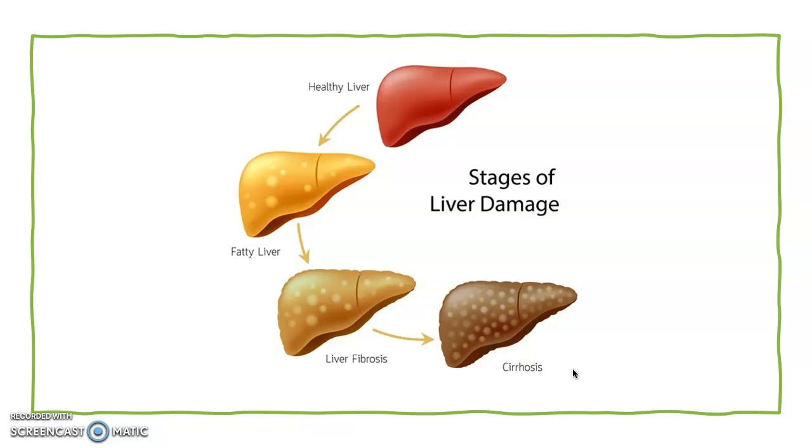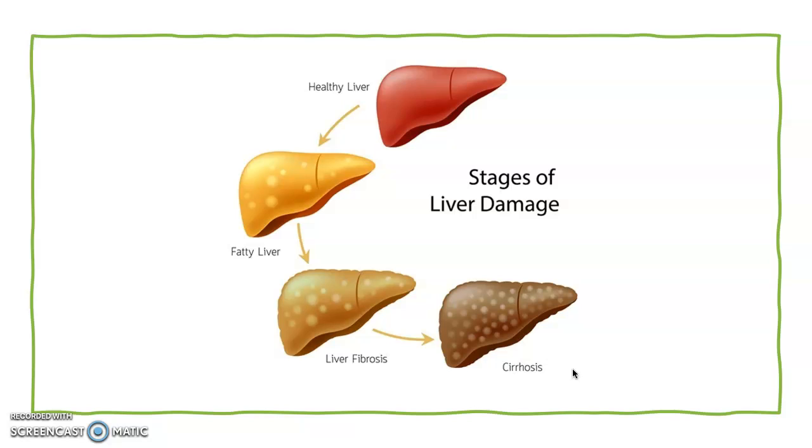So there are different stages. You can see here we have our healthy liver, and then over time, for whatever reason, whether it's because of alcohol or hepatitis or one of these other causes that I talked about, the patient may develop fatty liver, and then the liver keeps trying to repair itself, and over time it becomes fibrotic, and you can see these little nodules that develop.